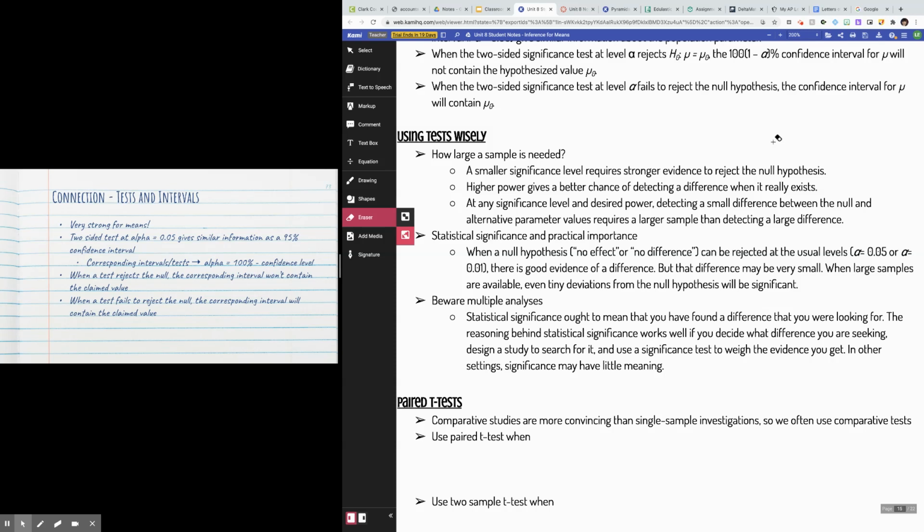The reasoning behind statistical significance will only work, and work well, if you follow the hypothesis test process. The scientists have to decide what difference they're looking for, which is why you write your hypotheses the way that you do. You design a study well to search for that difference, and then use a test to weigh the evidence that you get.